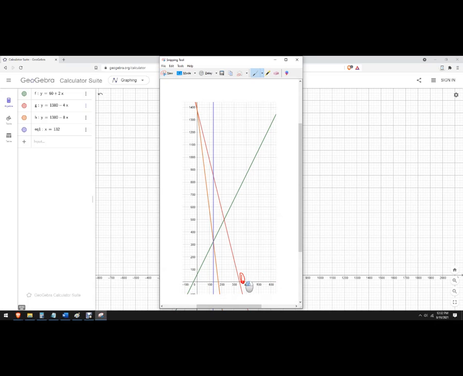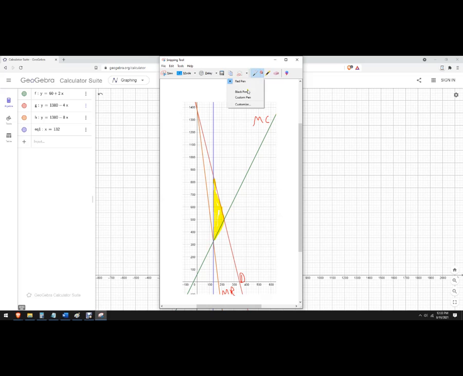So this is demand. This is marginal revenue. This is marginal cost. Okay, so deadweight loss, I'm going to color it in yellow, is going to be the area of this triangle right here. So just calculate that linear triangle, one half base times height, and that'll give you your deadweight loss.